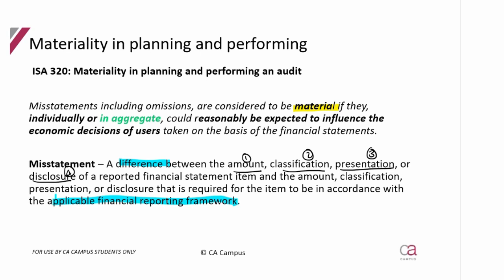So when we're looking at a misstatement, we're not just saying that we need to find what would be material in number or amount. We've got to also determine what's going to be material in terms of incorrect classification, incorrect presentation, incorrect disclosure.